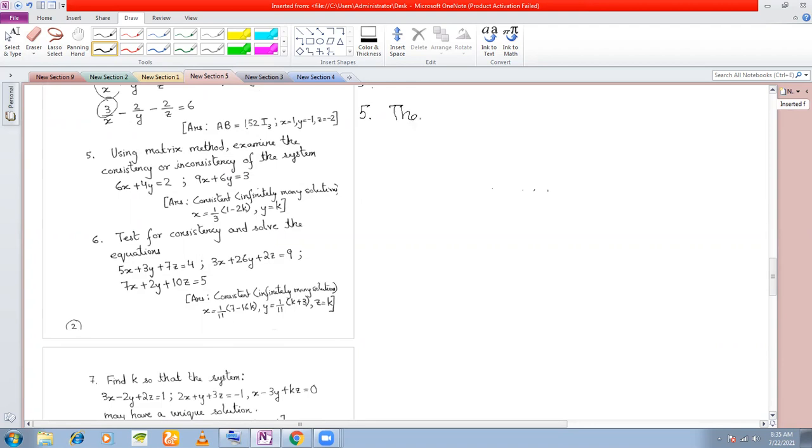The given system is 6x plus 4y is equal to 9, 9x plus 6y is equal to 3. We form the matrices first. So let A is equal to 6, 4, 9, 6.